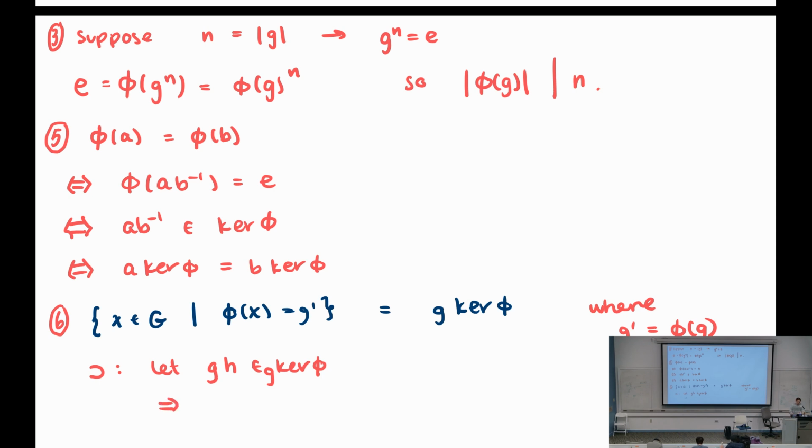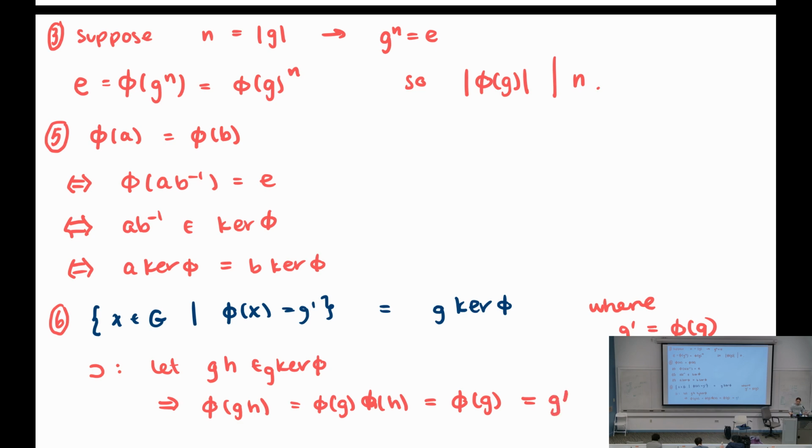So that means that phi of gh is equal to phi of g phi of h. The phi of h is sent to the identity, so this just leaves me with phi of g. And this was, by assumption, equal to g prime.